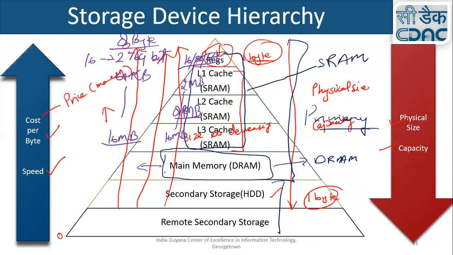What is the size of main memory, DRAM? It's around 4 to 32 gigabytes. And the secondary memory is in terabytes, or around 1000 gigabytes.